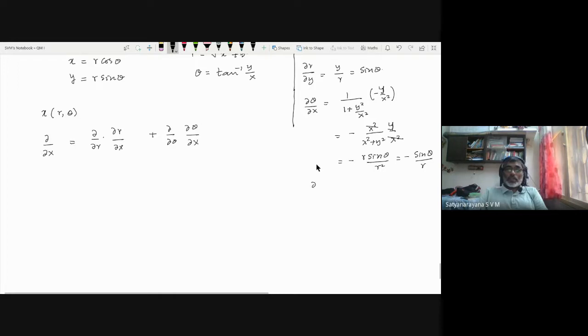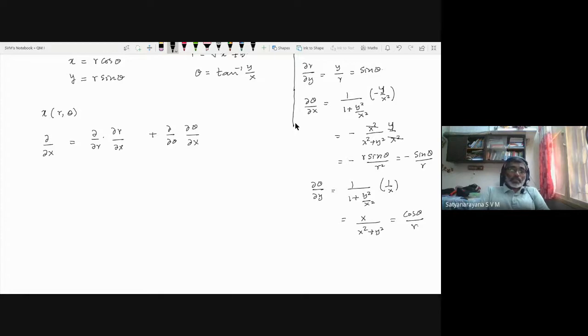Similarly, dou theta by dou y is equal to 1 by 1 plus y square by x square into 1 by x. So that gives you x divided by x square plus y square, which is equal to cos theta by r.